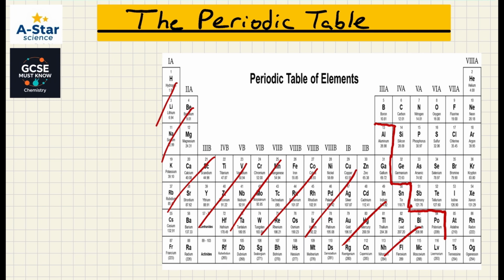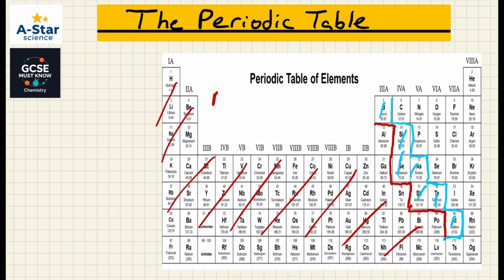In between that, we have another sort of staircase, which I'm going to include here, like so. We call these the metalloids. These are the metalloids, or semi-metals, we can call them. Let's shade that.